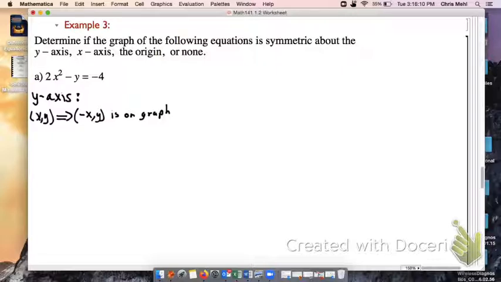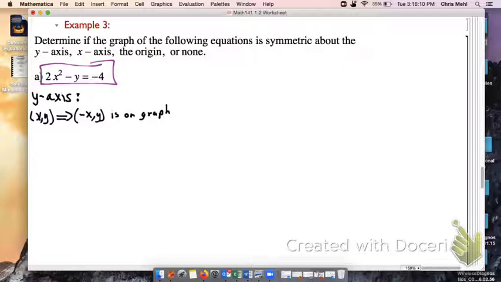Now focus on the equation. When you write 2x squared minus y equals negative 4, points on the graph are coordinates (x, y) that satisfy this equation.